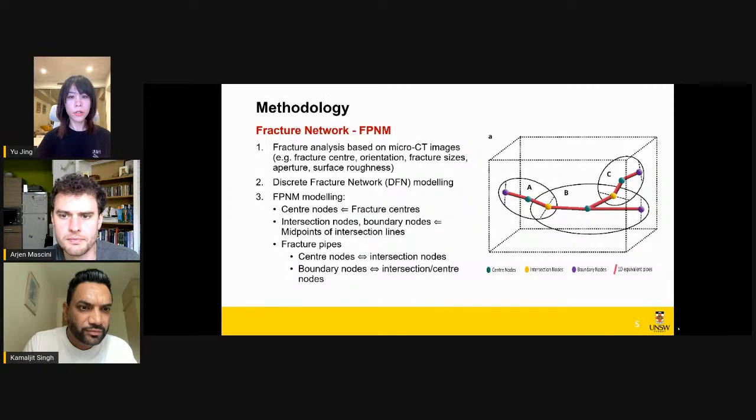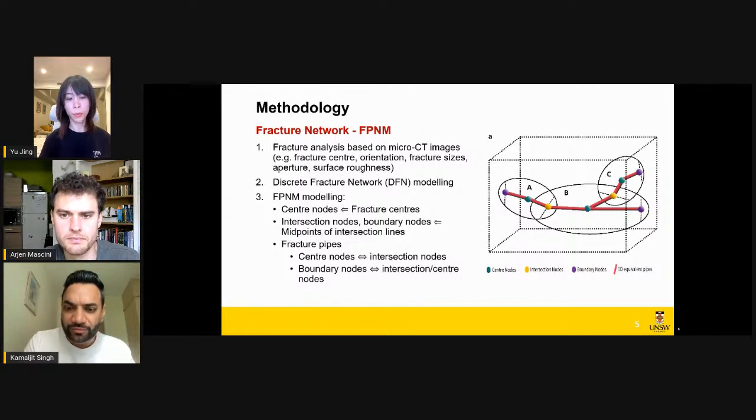For the fracture network, I will apply the pipe network that I mentioned before, in case someone is not familiar with it. Each fracture is simplified as a pipe, and the pipes are connected by linking the center of each fracture with the midpoint of the intersection lines between fractures.